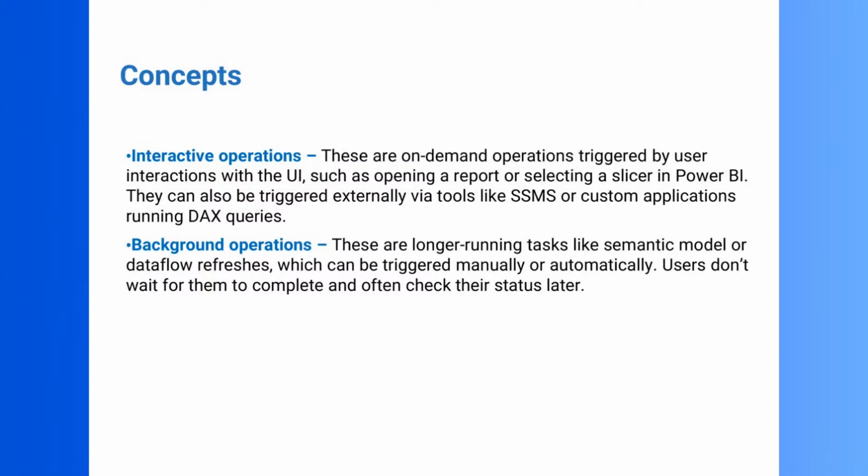The takeaway of these two concepts is that in most scenarios, your background operations are going to consume most of your resources within the Microsoft Fabric capacity. So remember, most of the resources will be used by the background operations.